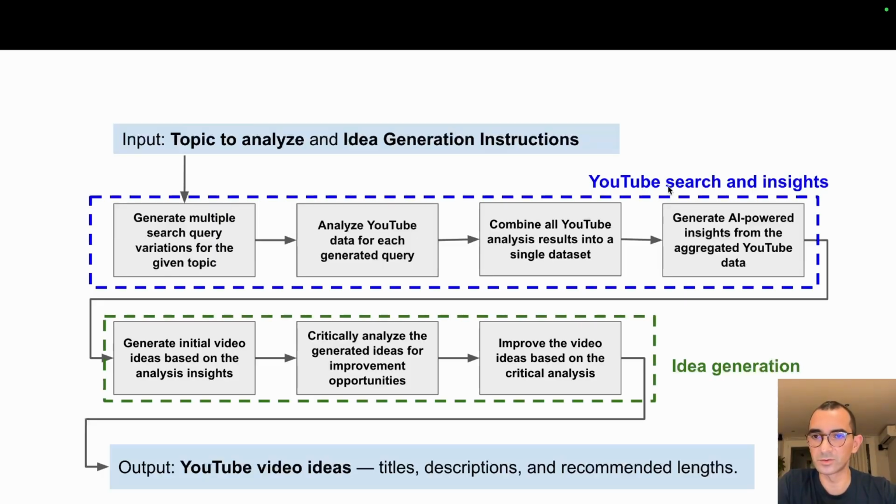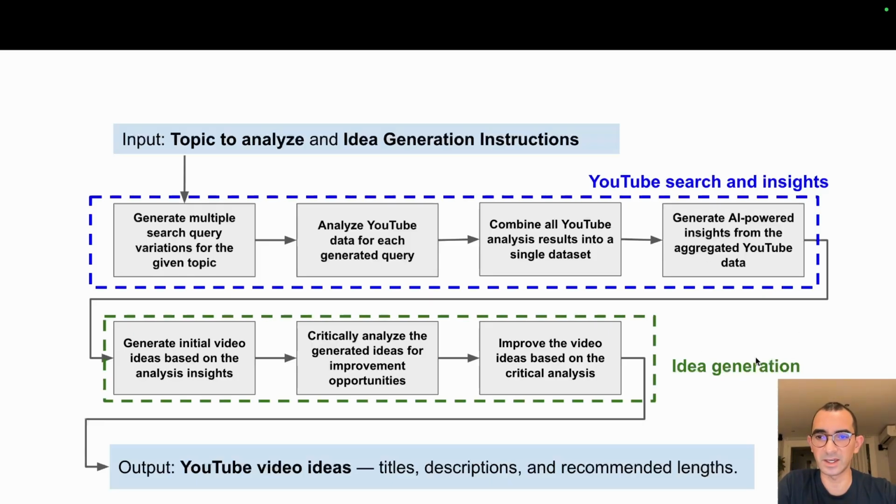The first one is called YouTube Search and Insights. So from the topic, I want to generate different variations of the query. I want to analyze the YouTube data. I want to combine all this data into a single data set, and I want to generate some insights from this information. So the insights will be what type of videos and what type of topics work well on YouTube.